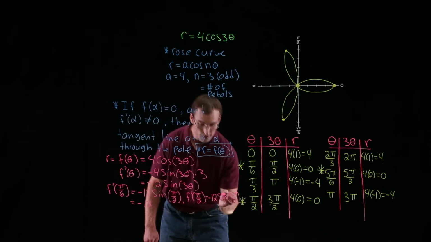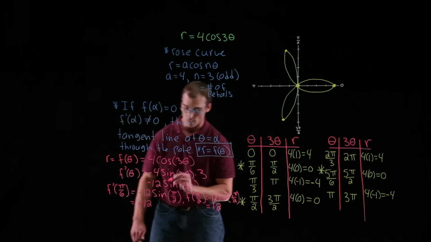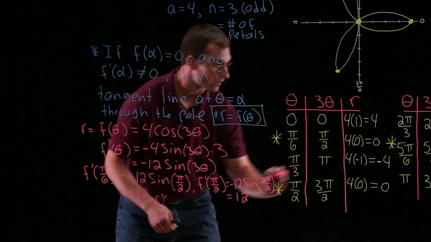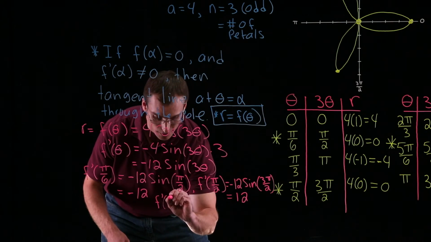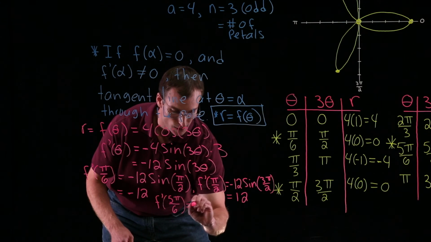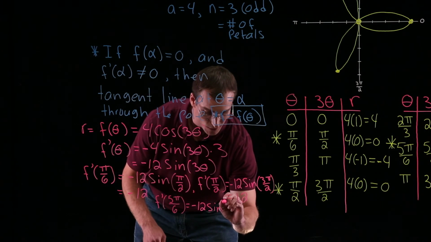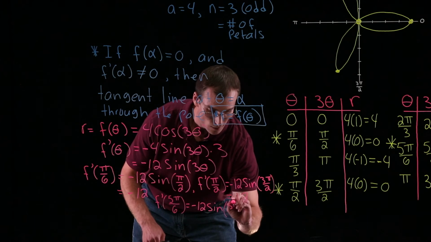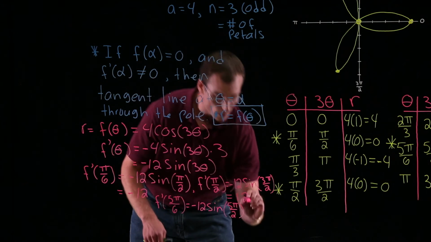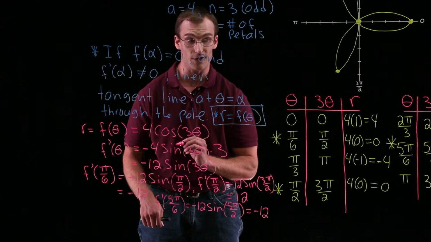Sine at 3 pi over 2 is -1, so this is equal to +12, not equal to 0. And lastly, we have f prime of our last angle, 5 pi over 6, which is equal to -12 times sine of 3 times 5 pi over 6, which gives us 5 pi over 2, where sine is +1, so that's equal to -12. So again, not equal to 0.